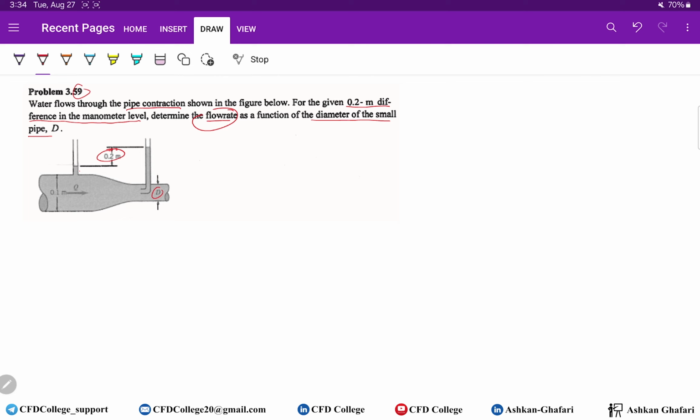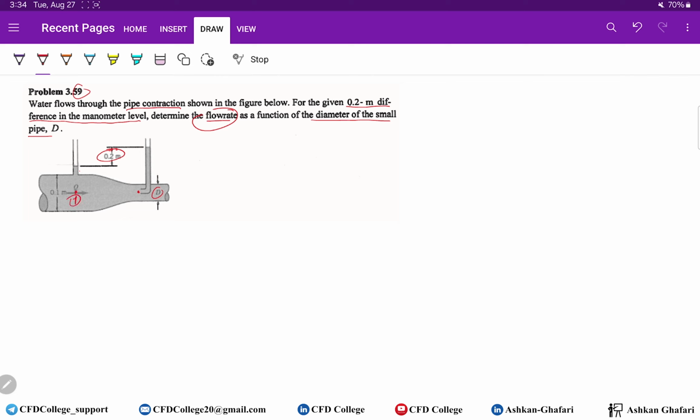Okay, first step is to find our key points. When you have these manometers, you can use them to identify the key points. It's easy. One of them is here at the entrance of this manometer, and the other point is here, right beneath this manometer.